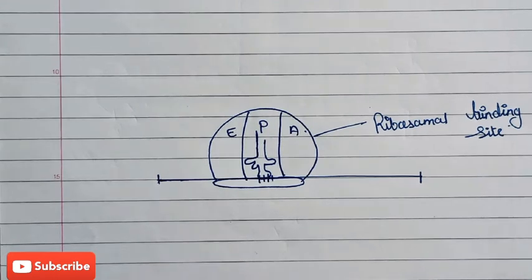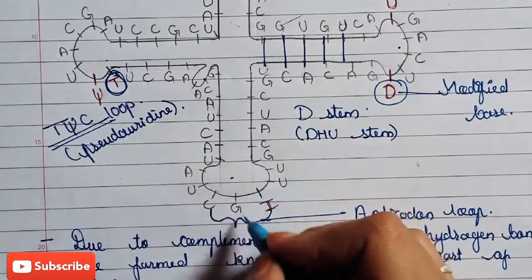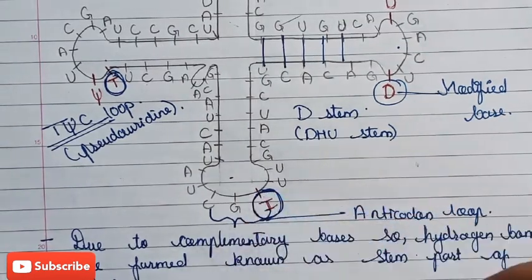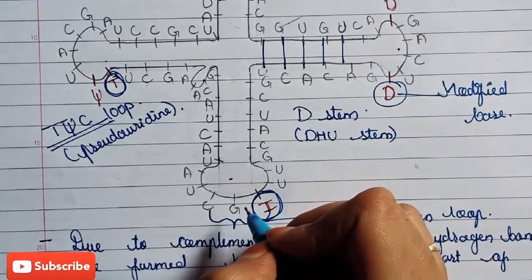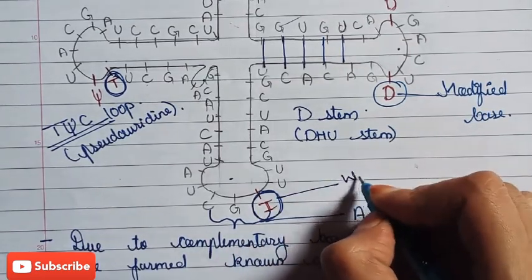Now, one important thing is remaining, we haven't seen it. Here you have seen I is present. The question arises, what is this I at the anticodon loop? So here you can see this is a Wobble base.